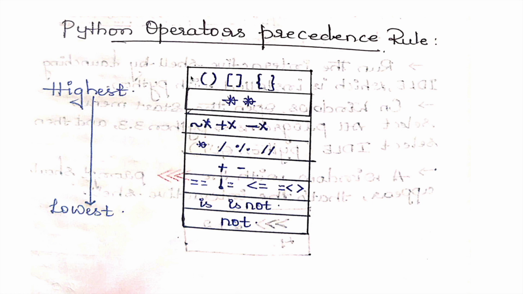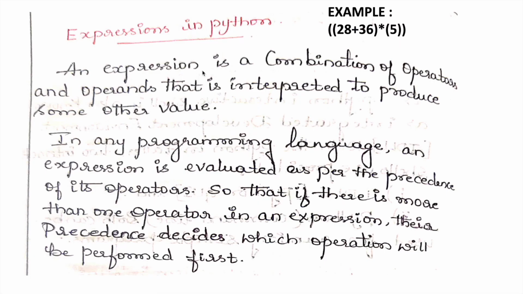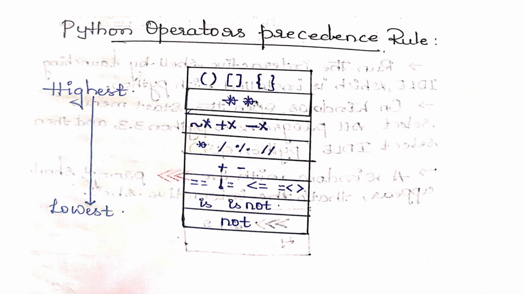That means whenever your expression contains brackets, braces and parentheses, you need to consider them first. Afterwards you have to consider star star. This is the power operator. We are going to discuss this more in the upcoming sessions.